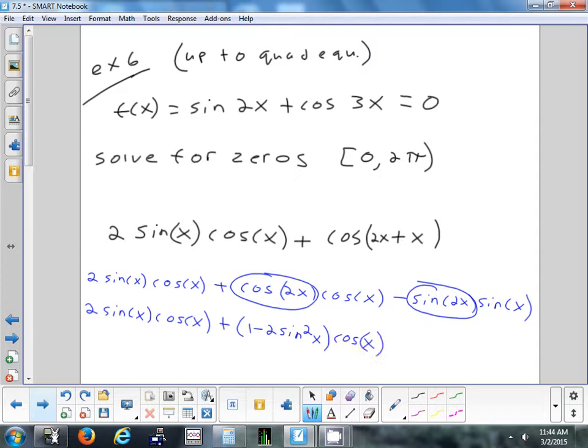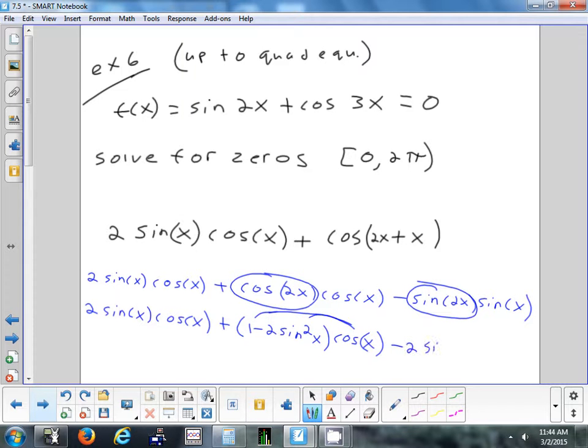This cosine x on the end, it's just going to stay the same. In a minute, it's going to be distributed out, but I won't do that at this step. Minus. Now for sine 2x, that one's pretty easy to remember. That's 2 sine cosine.